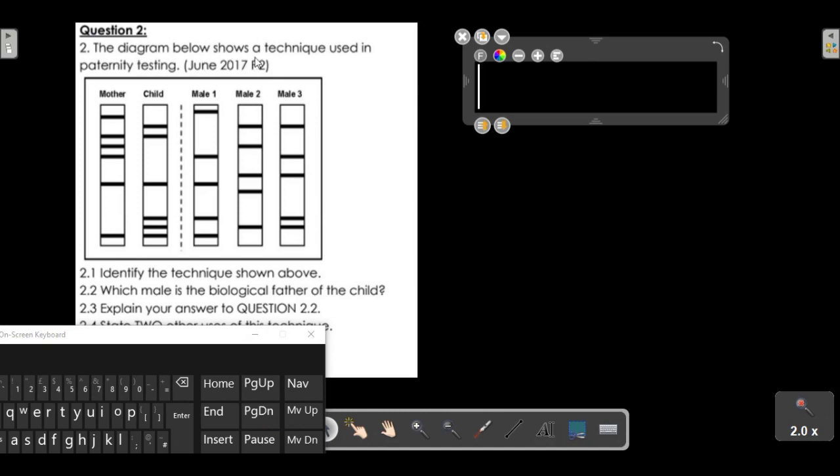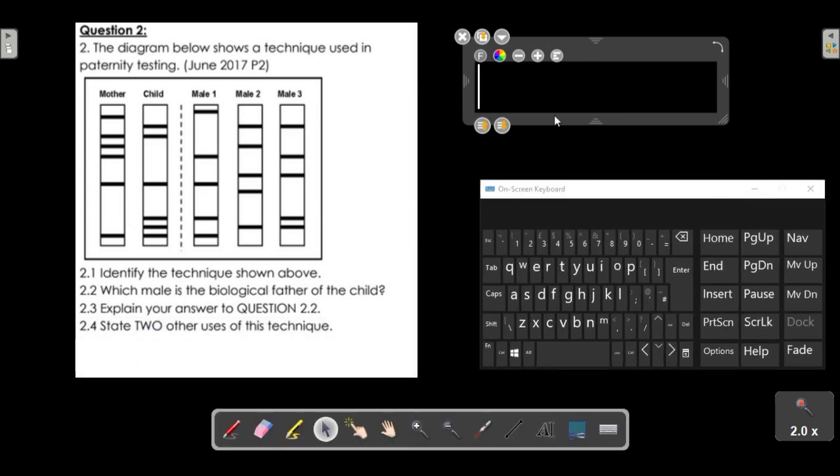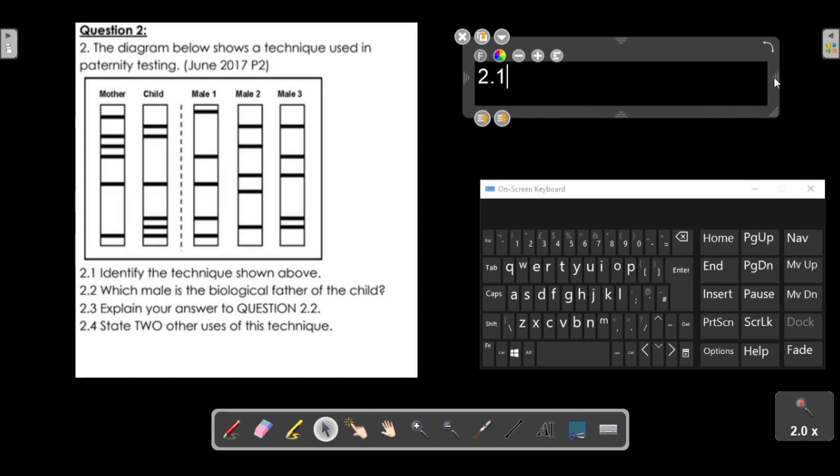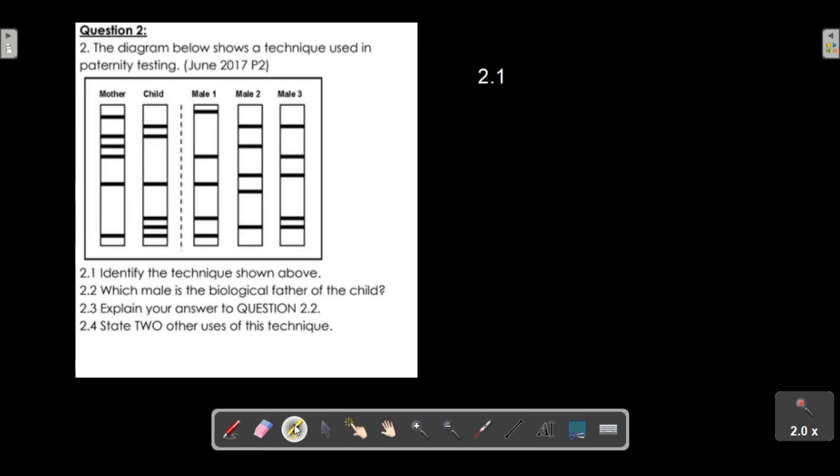The diagram below shows a technique used in paternity testing. Remember, we said that this is used in paternity testing. We'll be matching the DNA profiles, so we are looking for a male that is the father of this child. What we are focusing on, guys, is the profile of this child.